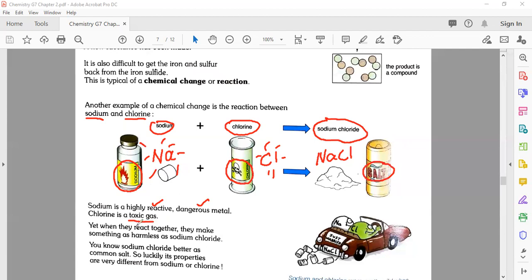But yet when they react together, they make something as harmless as sodium chloride. When they combine, they form a salt that is not going to cause any problem for you. That is harmless.